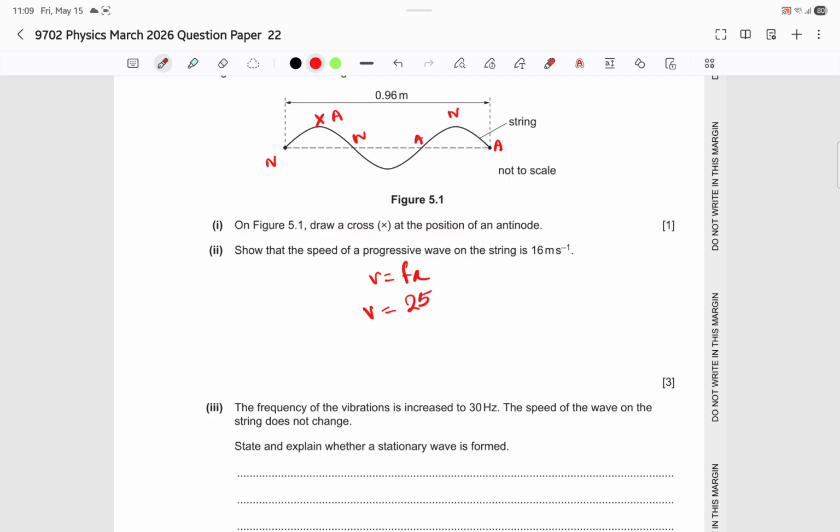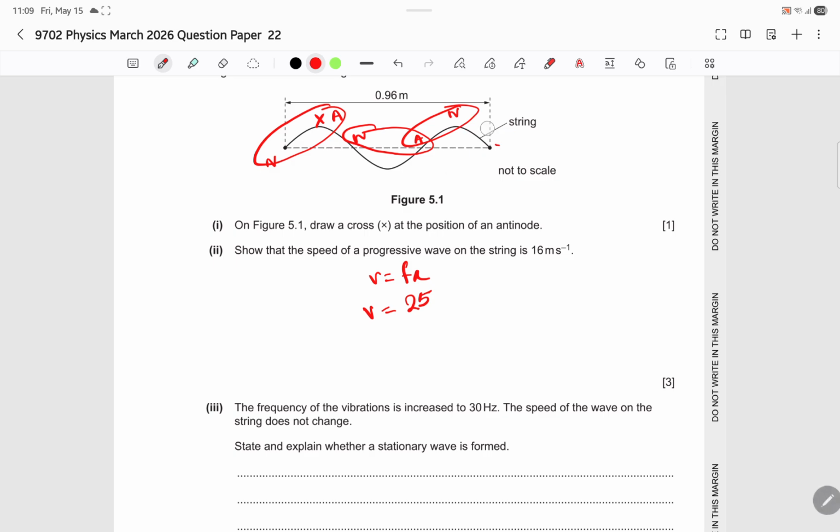If the distance is lambda by 4, there is one here, one set of this, 2, 3, 4, which basically means 1 by 4 lambda into 4. Wait a second. Distance of the total is going to be 0.96.